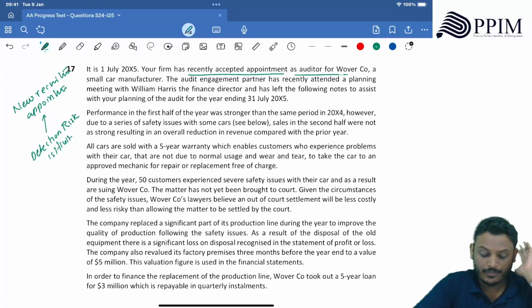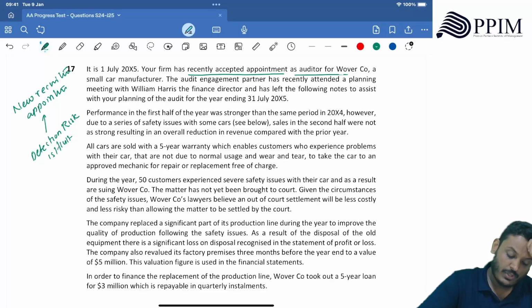Detection risk is very high. Performance in the first half of the year stronger than the same period 2004. However, due to a series of safety issues with some cars, sales in the second half were not strong. Overall reduction in the revenue.